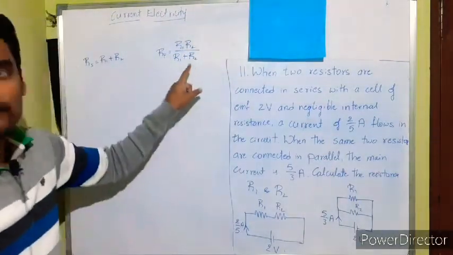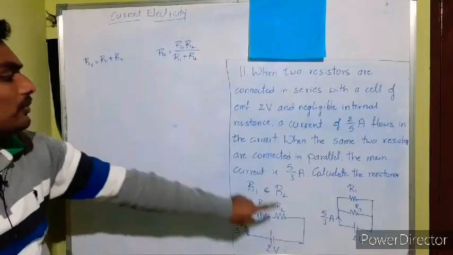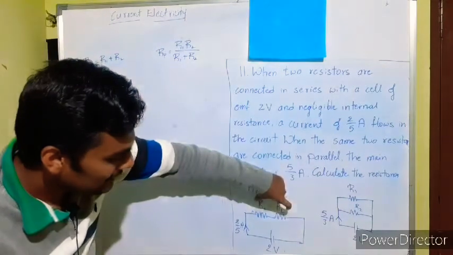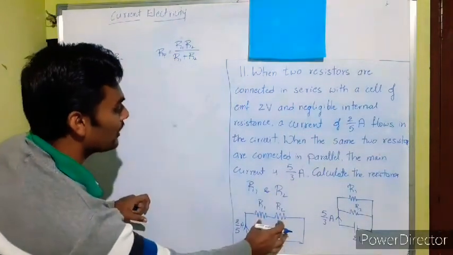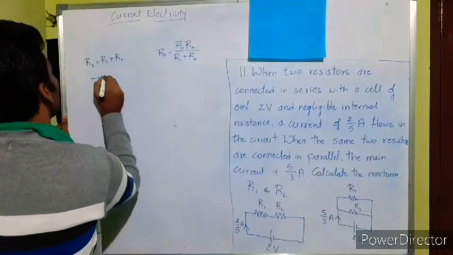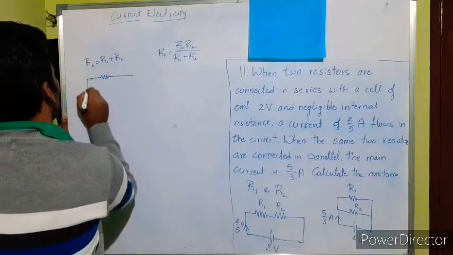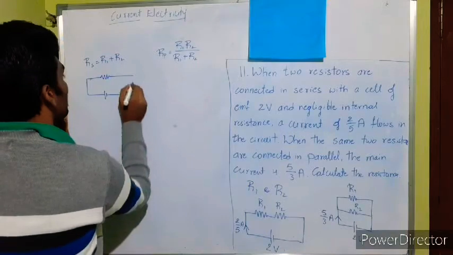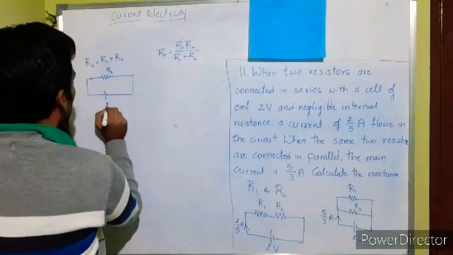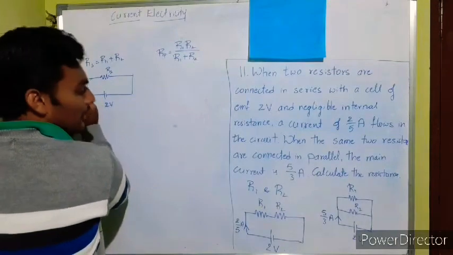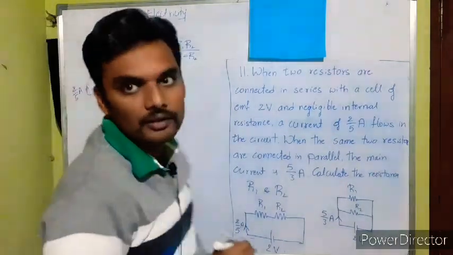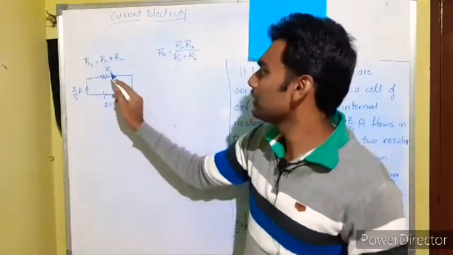So this is the expression for the second situation, the parallel combination. Now Rs is the effective resistance, so this first circuit can be visualized like this, with this single resistance Rs with the same voltage and the current 2 by 5 ampere.